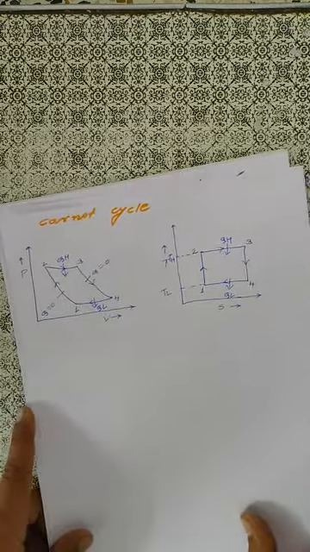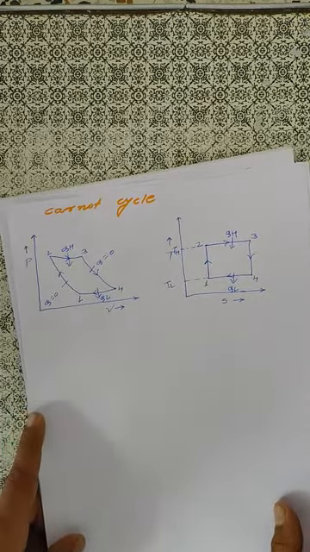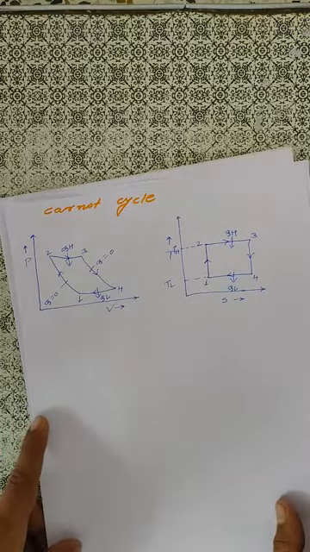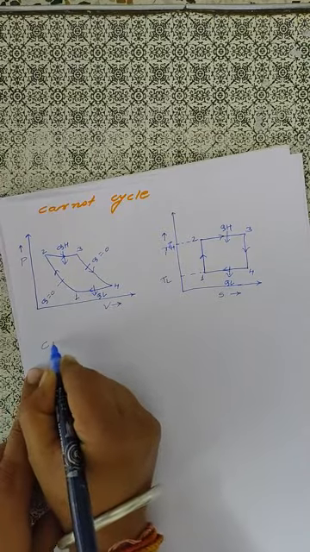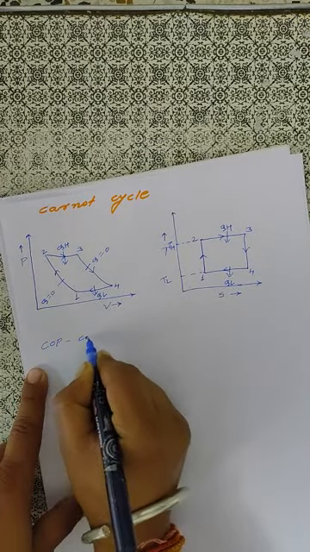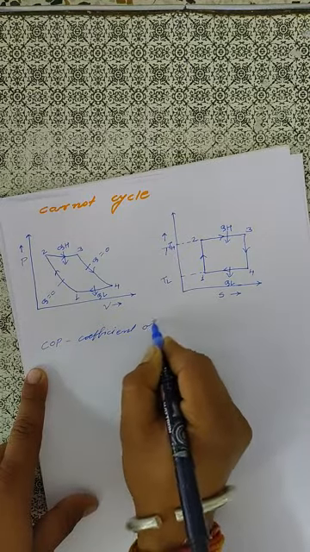Okay, now for calculation of the efficiency in Carnot cycle, we are discussing one parameter, that is the COP, coefficient of performance.